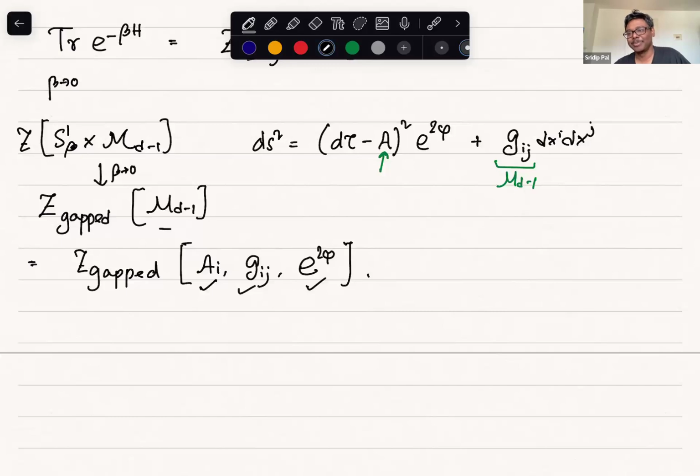You just have to keep track of the gapless modes separately and add their contribution to the partition function. That will only give you a correction of the form log beta or constant, which are anyway very subleading information. So most of the universality is there.